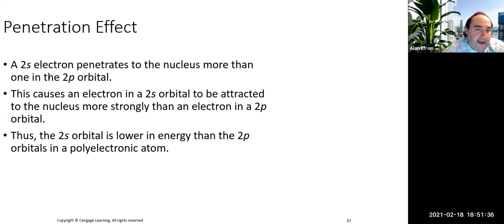And what ends up happening is there are some differences in terms of where those orbitals end up in terms of energy when we get to more than one electron present. Now, when we go to our n equals 1, we still have the 1s. When we go to our n equals 2, we have the 2s, but the 2p actually becomes a little bit higher in energy. After that, we have our 3s.